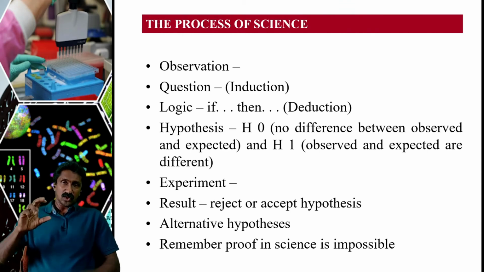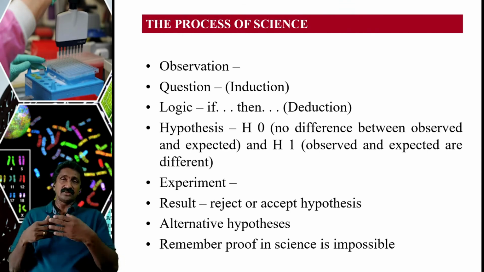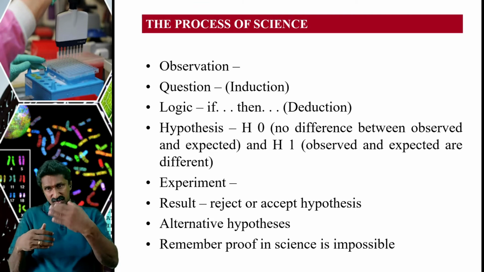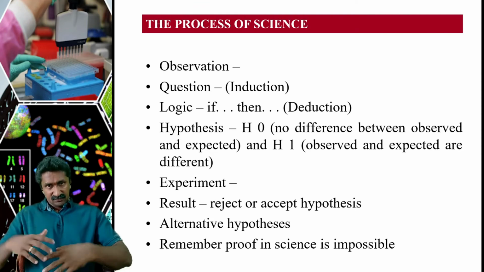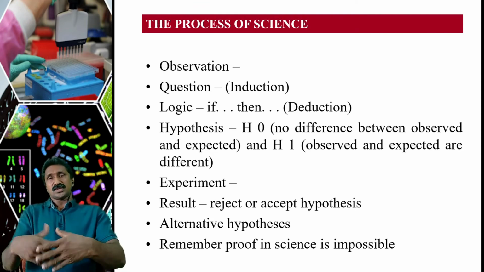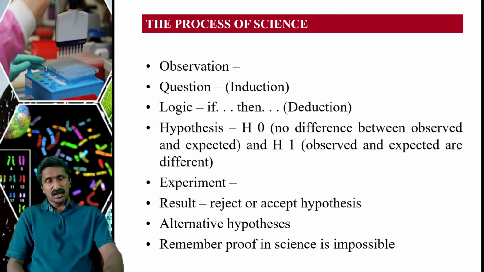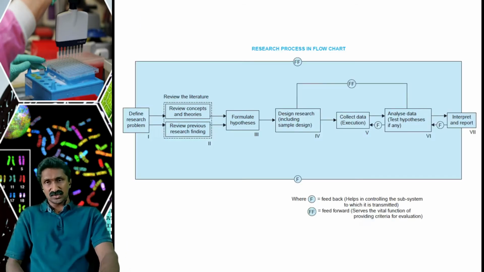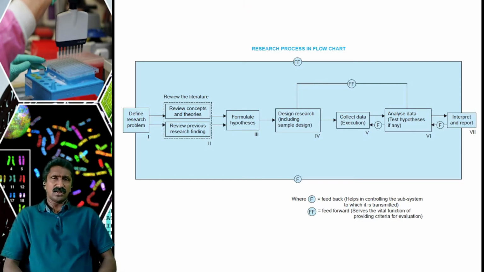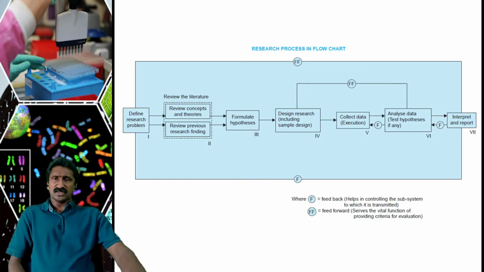So this is observation and induction, then hypothesis generation, experimentation, verification, and if the hypothesis is rejected, then you can propose another alternative hypothesis and go through this cycle. This is how the process of research in science works. You can see the flow chart in which you define a research problem.